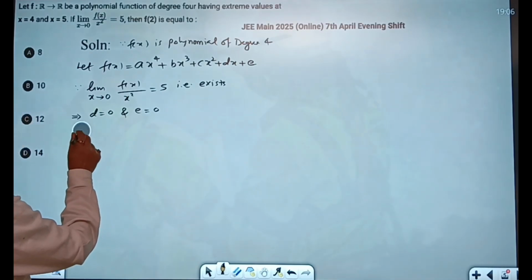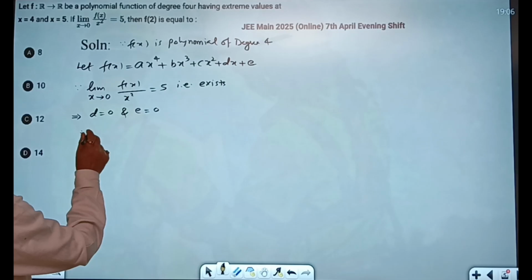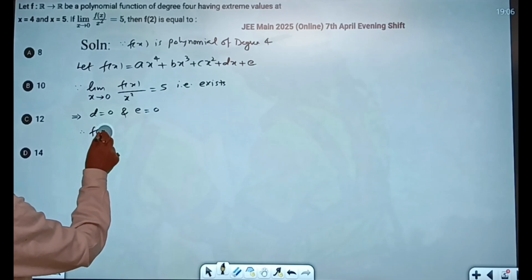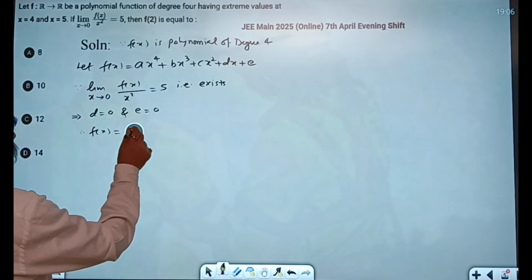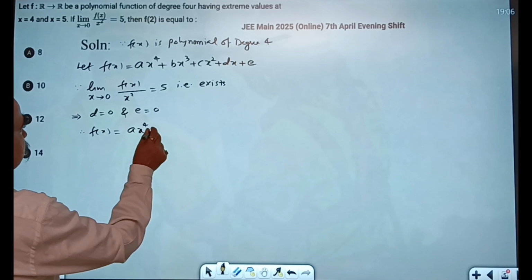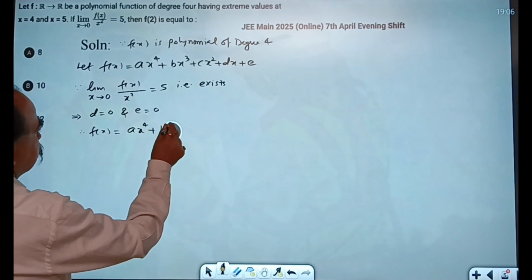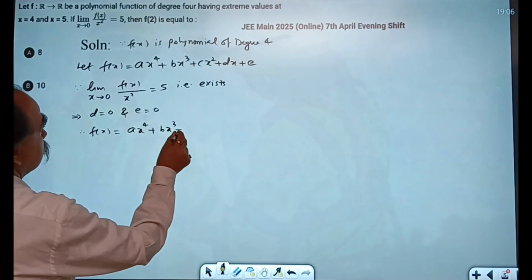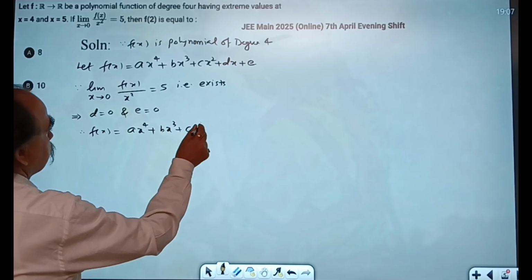Therefore, f(x) will be ax raised to 4 plus bx cube plus cx square.